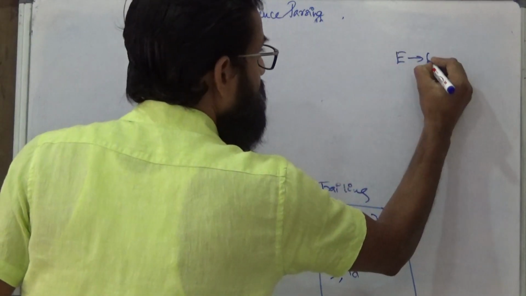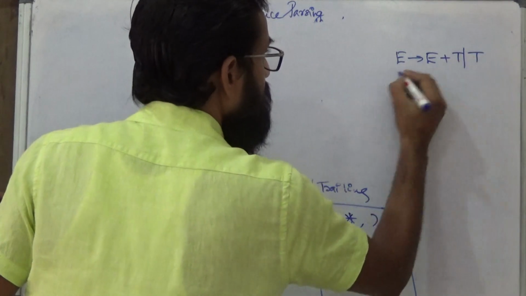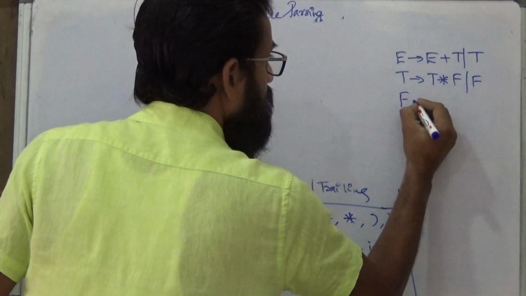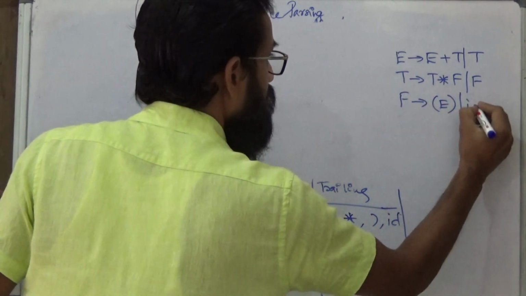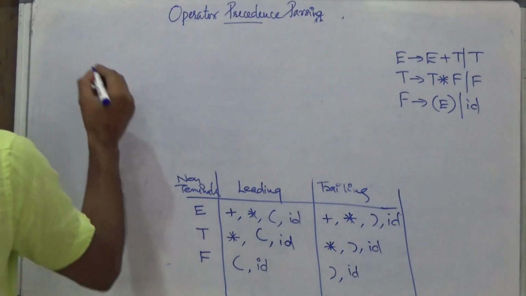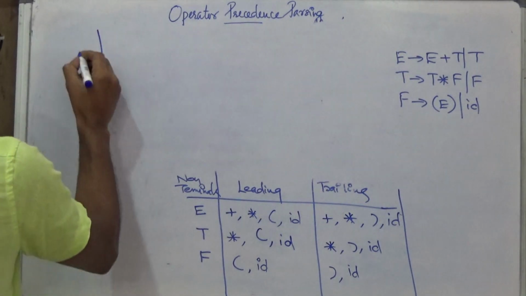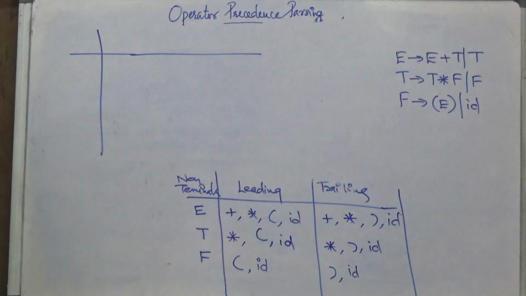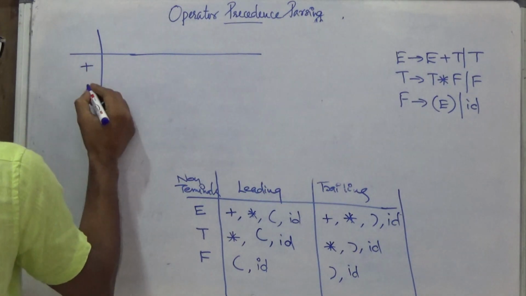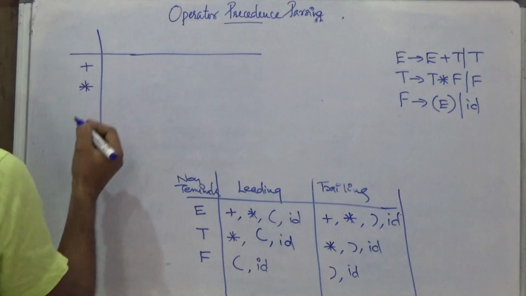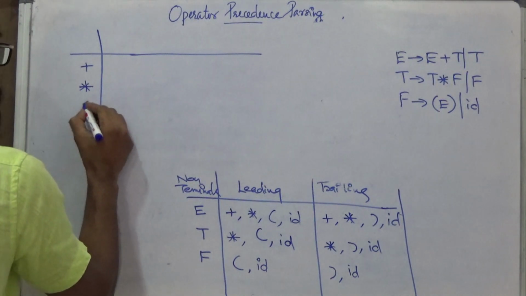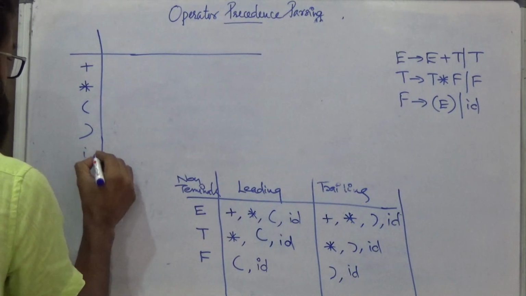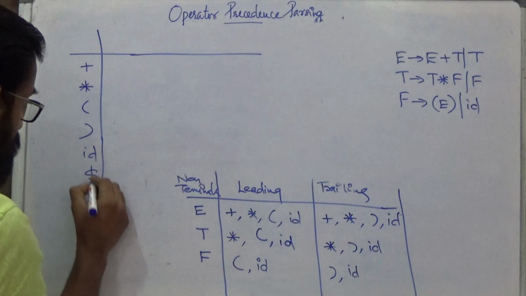The grammar is E giving E plus T or T, T giving T star F or F, F giving E inside parenthesis pair or ID. So you are having the terminal symbols plus, star, opening parenthesis, closing parenthesis, ID, and you need to include delimiting symbol also.